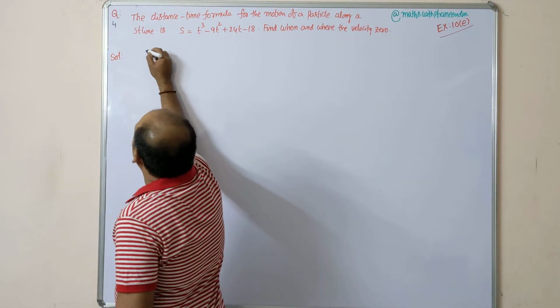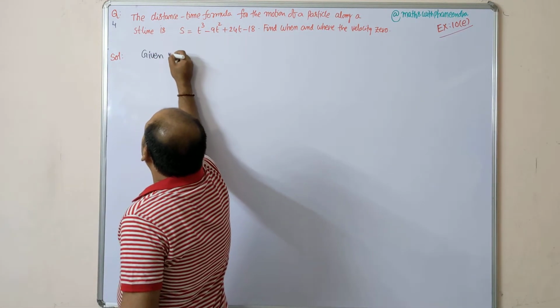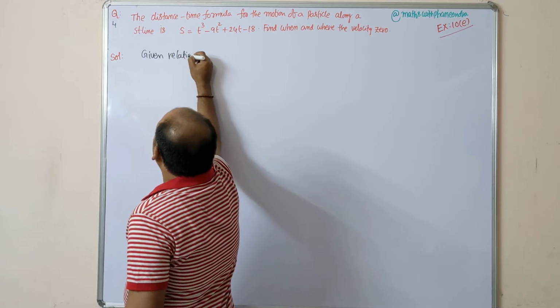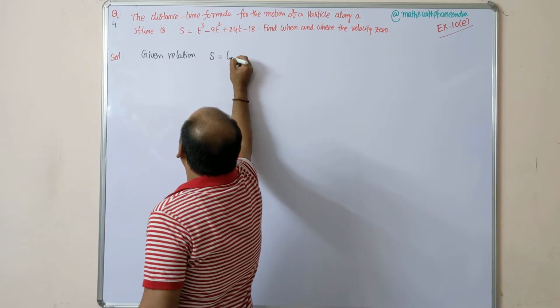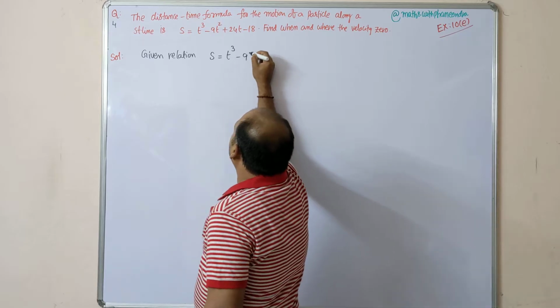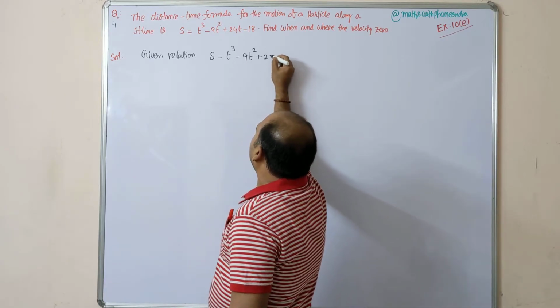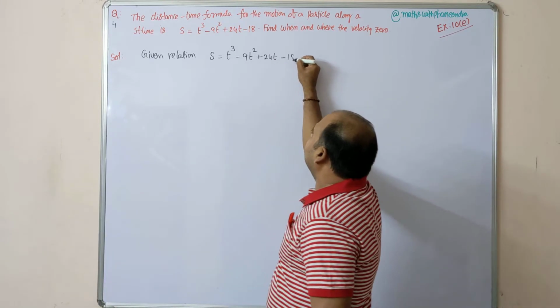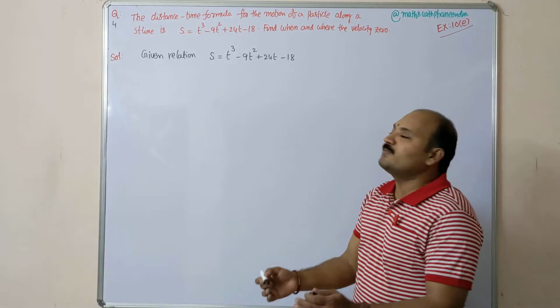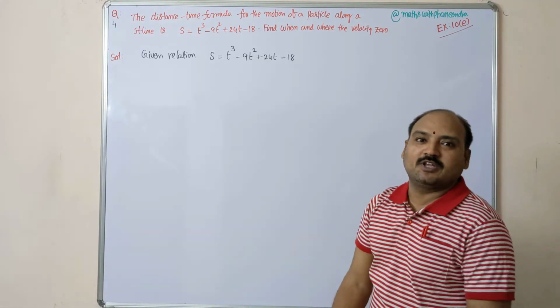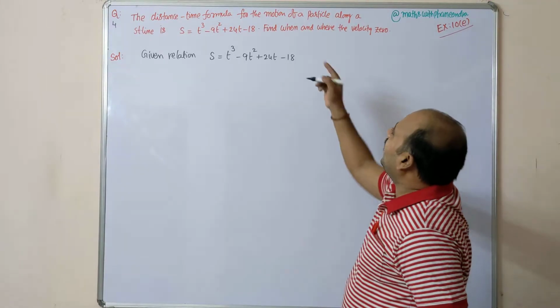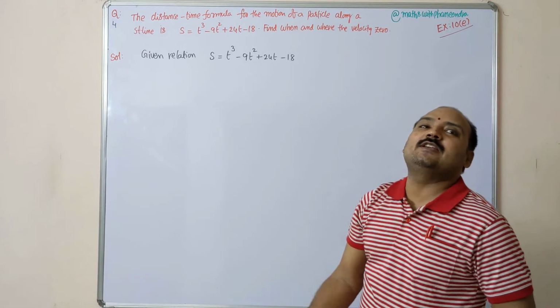So here given relation s equal to t cube minus 9t square plus 24t minus 18. S means it is a displacement of the particle. Find when and where the velocity is 0.